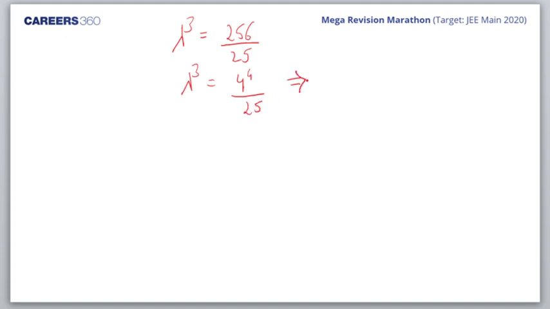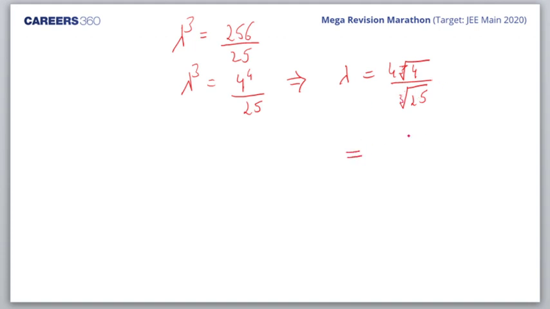So when I write lambda, I take cube root both sides, it would be cube root of 4 upon cube root of 25.